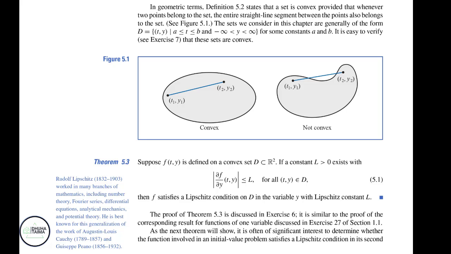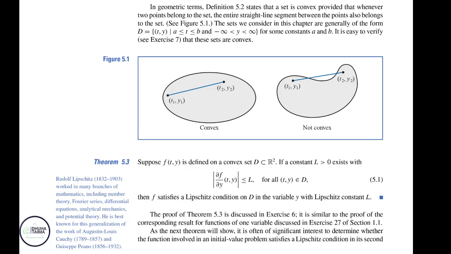Theorem 5.3. Suppose f(t, y) is defined on a convex set D ⊂ R². If a constant L > 0 exists with |∂f/∂y (t, y)| ≤ L for all (t, y) in D, (5.1), then f satisfies a Lipschitz condition on D in the variable y with Lipschitz constant L. The proof of Theorem 5.3 is discussed in Exercise 6.